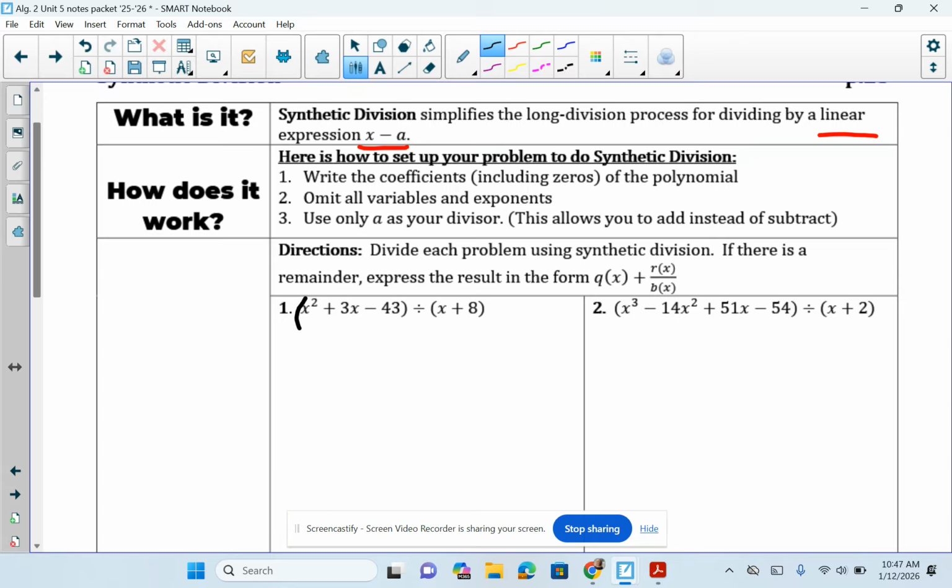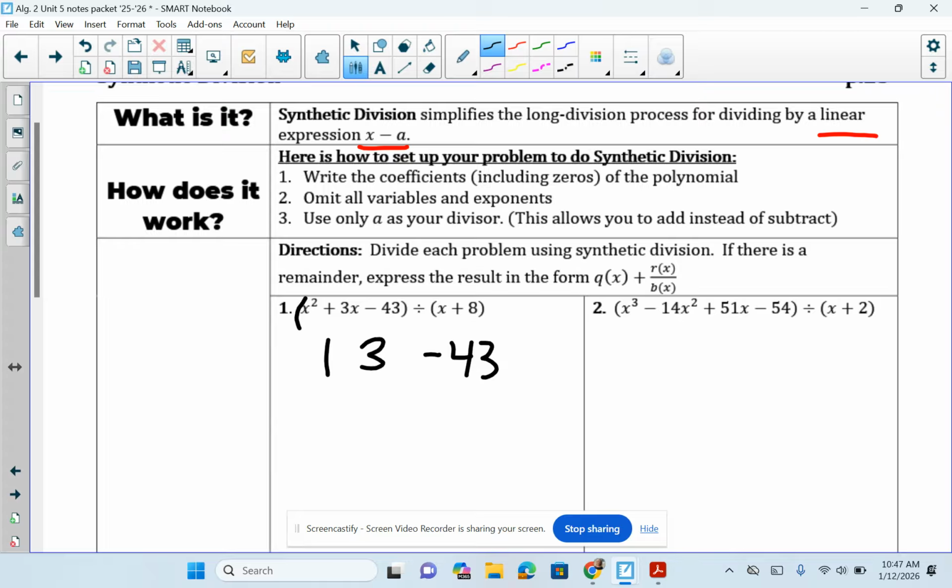How many x squareds do I have? 1. How many x's do I have? 3. What do I have for a constant? Negative 43. All right.